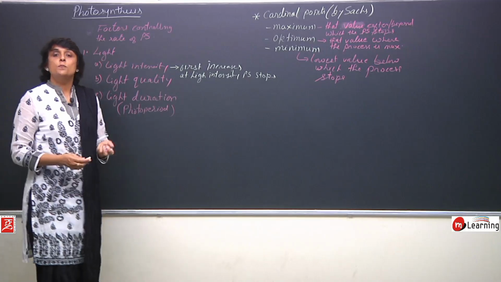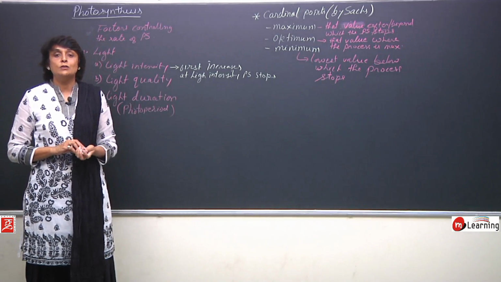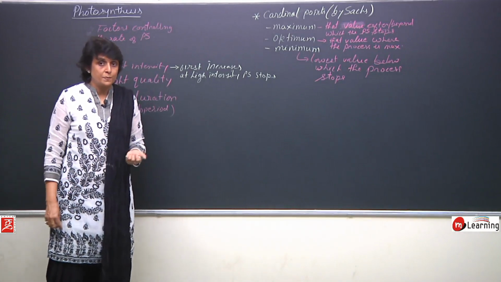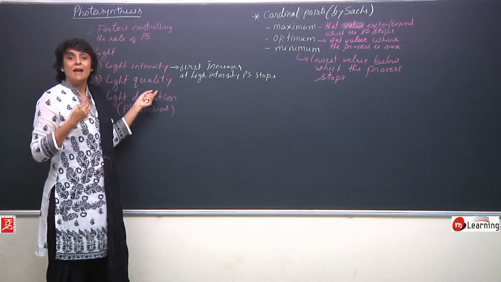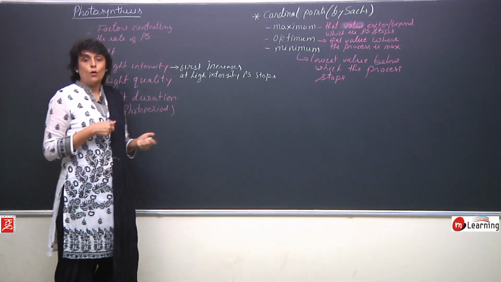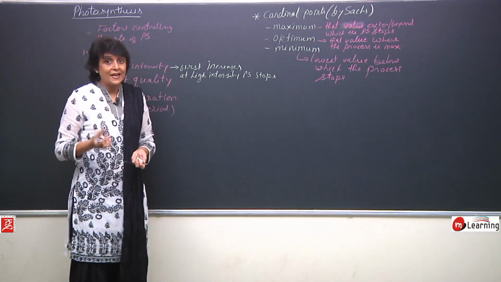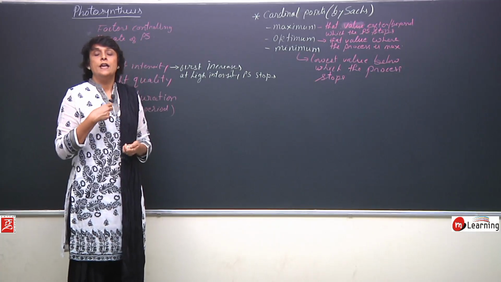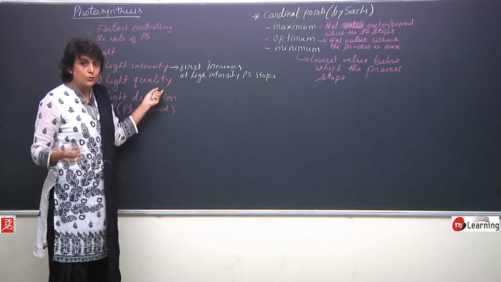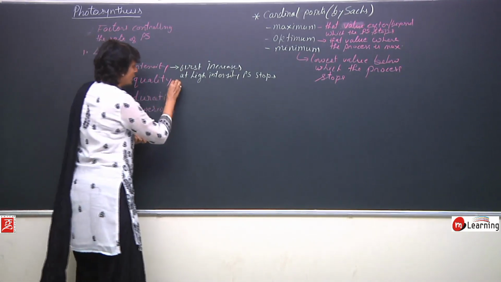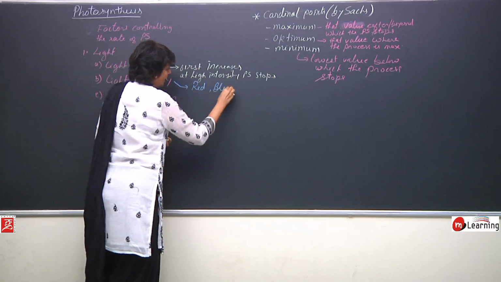Quality means which particular wavelength are we talking about. If you remember, we talked about action spectrum and absorption spectrum. There were two wavelengths where the pigments were absorbing maximum, and we also saw the experiments conducted by scientists where maximum action was recorded in the form of evolution of oxygen. So which were those two wavelengths where we found maximum? One was red and the other is blue.